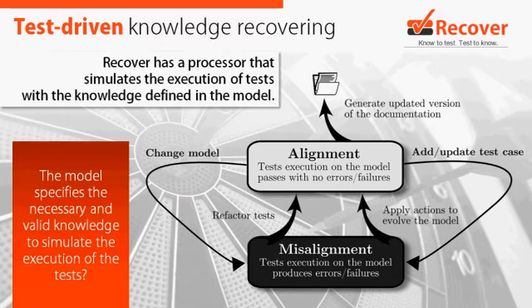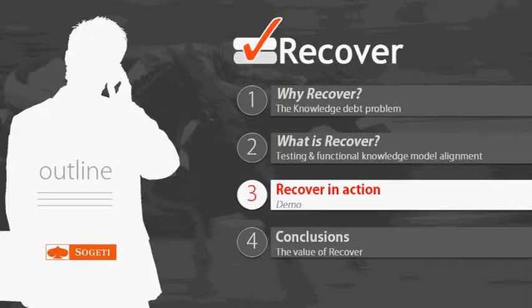So what we ensure is that we are really testing, we are moving further in the testing project, and we deliver technical documentation of the functional knowledge that is completely aligned with test cases. If some change is realized, then we can easily maintain the documentation according to this change.